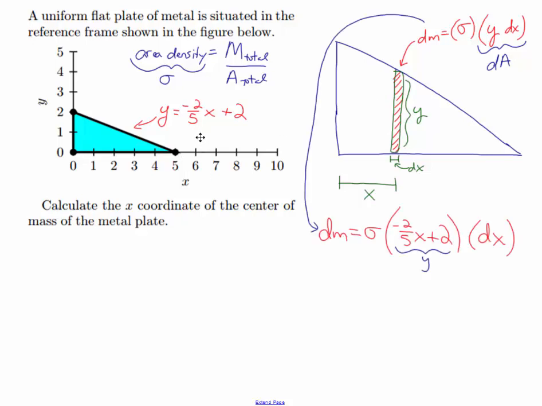So using that relationship, we can get an expression for dm that's just in terms of x. So dm was sigma, the mass per area, times the area, but the area is y times dx. Y is negative 2/5 x plus 2 times dx. And so substituting this in, we have this expression for dm in terms of x.